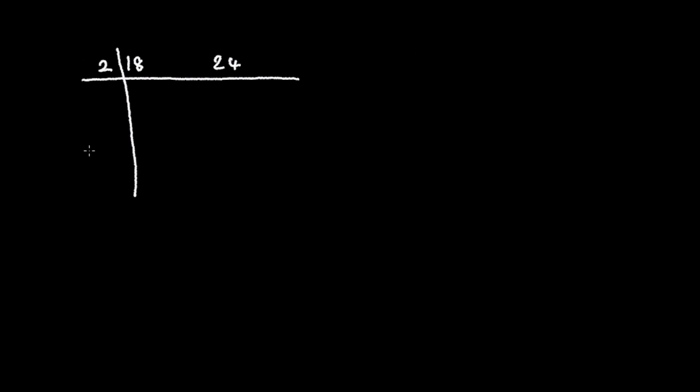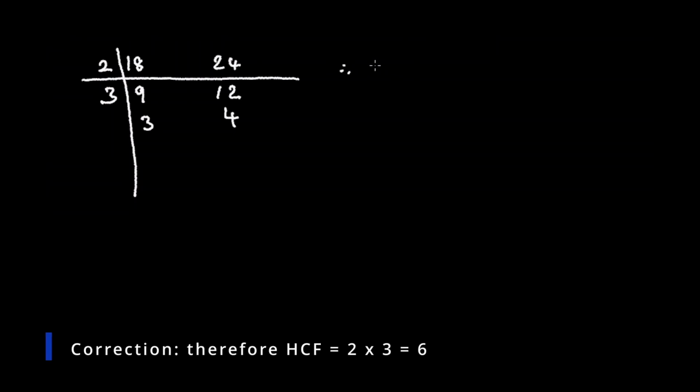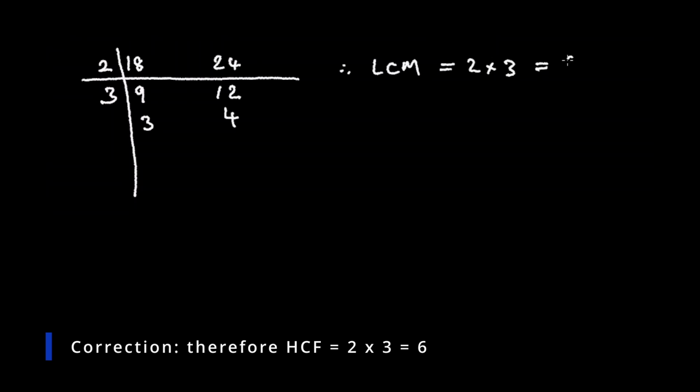2 into 18 is 9, 2 into 24 is 12, so we have 9 and 12. A single number that goes into both numbers is 3. 3 into 9 is 3, 3 into 12 is 4. Do we have a number that goes into both 3 and 4? We do not have. So we stop there. Therefore the highest common factor is equal to 2 times 3, which is 6.